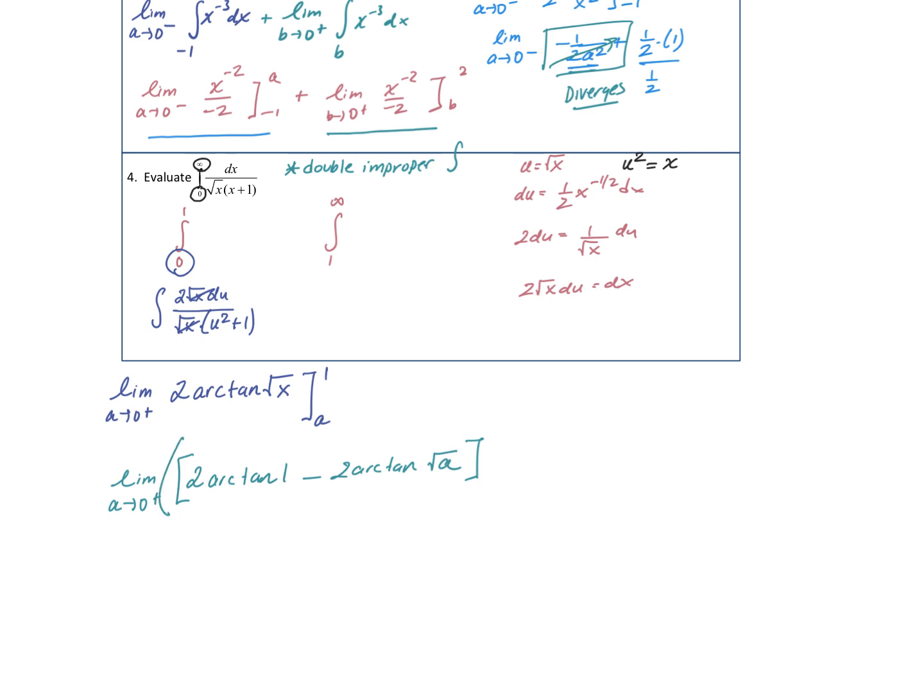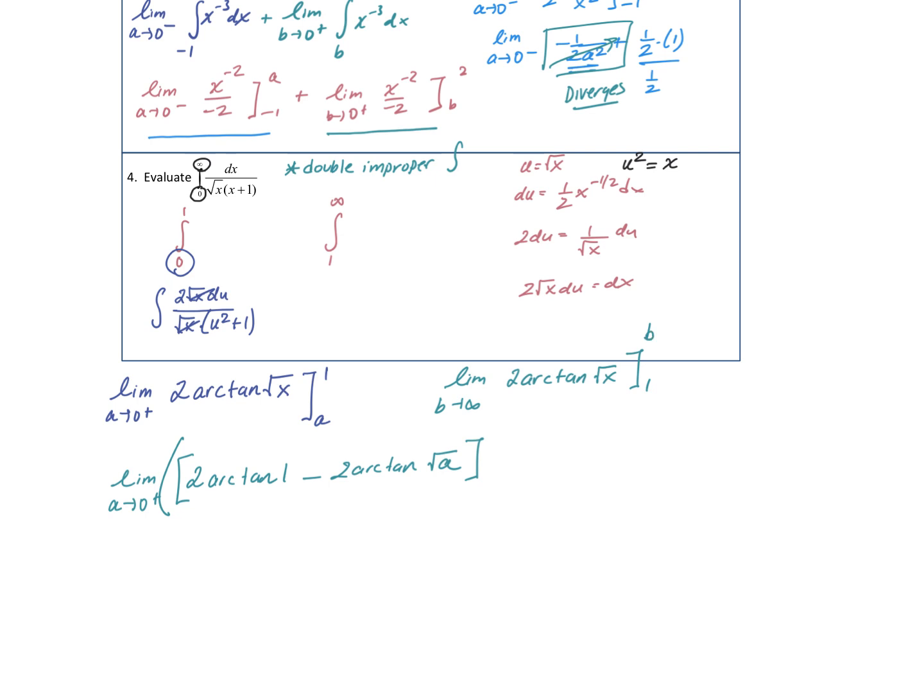Let me do the other side. The integration is exactly the same. The only thing that changes is the bounds. So it's going to be the limit as b goes to infinity, and it's going to be 2 arctan of root x, and my bounds here are from 1 to infinity, so it's going to be from 1 to b.